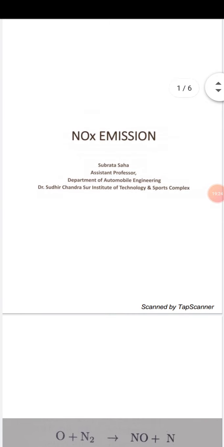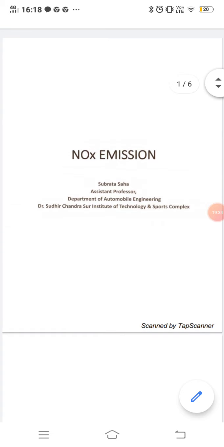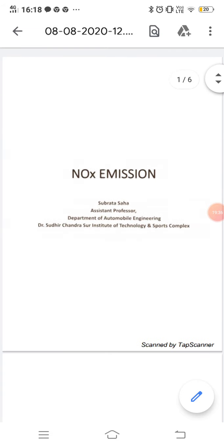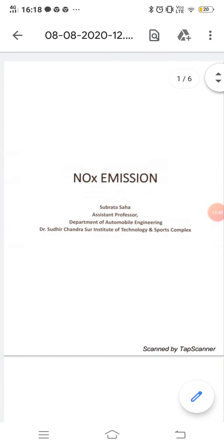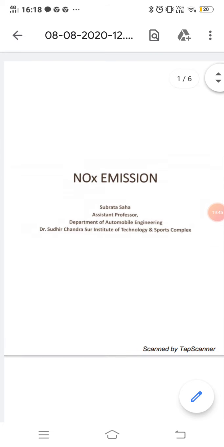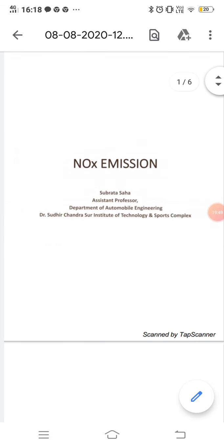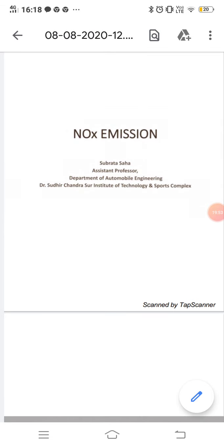If we use a certain portion of the exhaust gases, that portion does not take part in the combustion. So the volumetric efficiency is also decreased, and one more thing, the peak combustion temperature is also decreased.